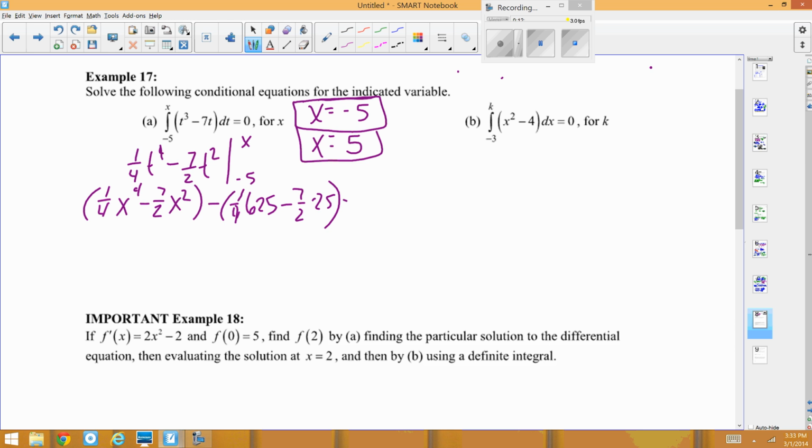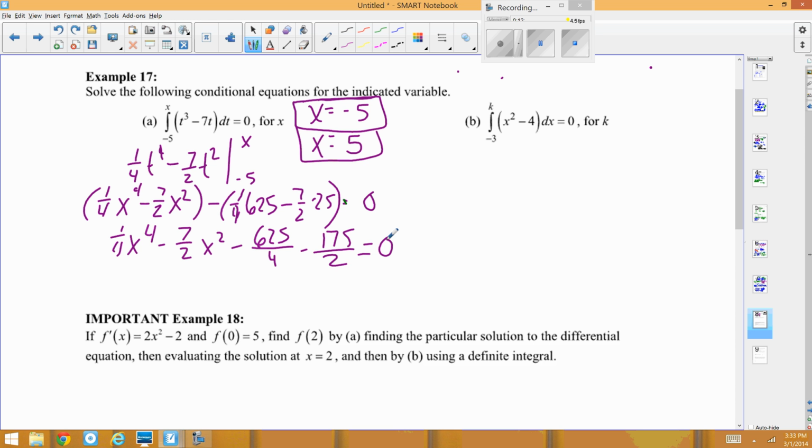All right, and remember this is going to be equal to 0. So I'm going to simplify. I'm sure you guys don't like fractions, but let me rewrite it a little bit more: 1/4 x to the 4th minus 7/2 x squared minus 625 over 4, and minus, what would that be, 175, I believe, over 2.